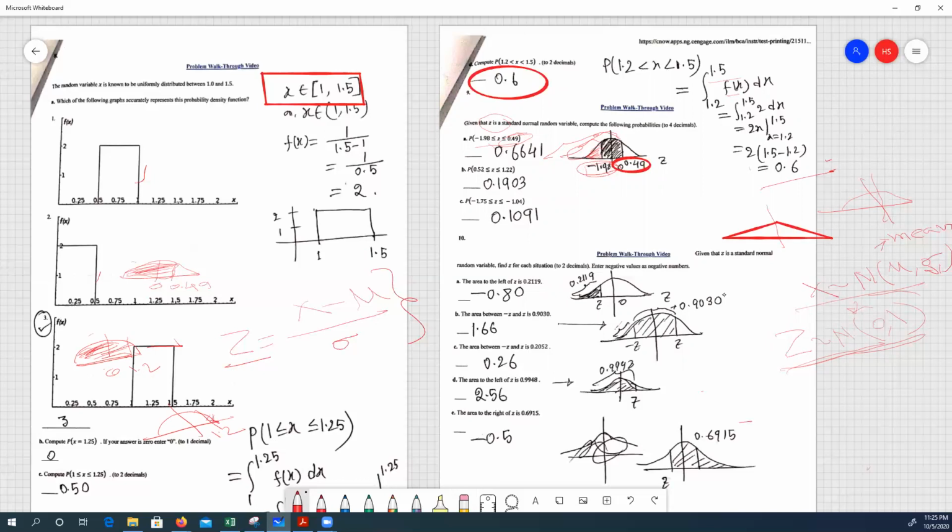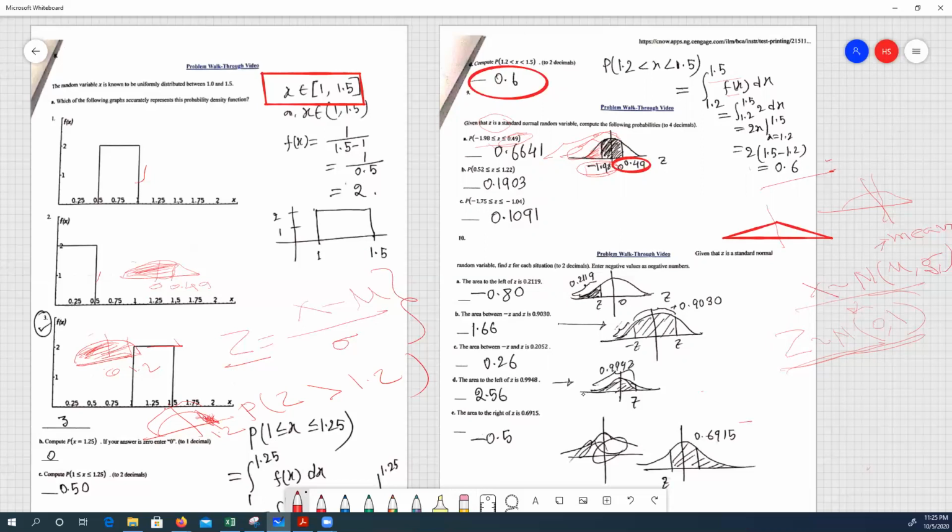But if you use the Excel sheet, that will give you the area on the left side. But you are not looking for this area. You are looking for probability of z greater than 1.2. So that's when you are looking for the area on the right side, this area. So to find this area, this is the complement of this one, right? So the total area is 1. So if you do 1 minus this part, then you will get the area of this right side.